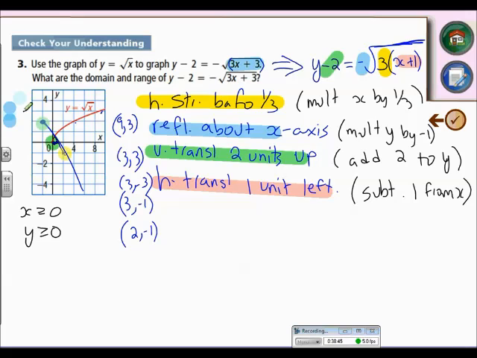So our domain now is everything from this point, which is -1, and to the right. So for our new domain, x is now greater than or equal to -1. And our range is everything below that point, which was 2. Y is less than or equal to 2.